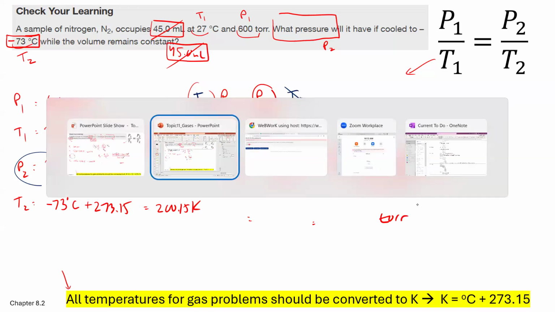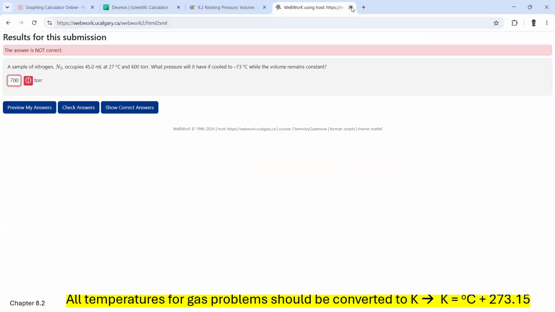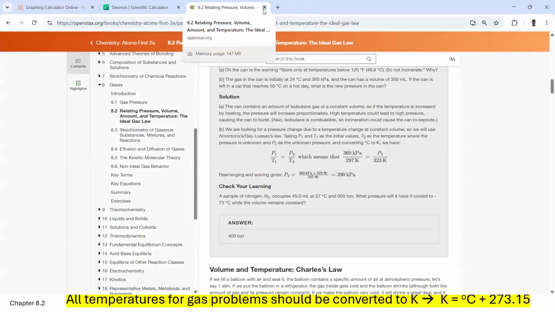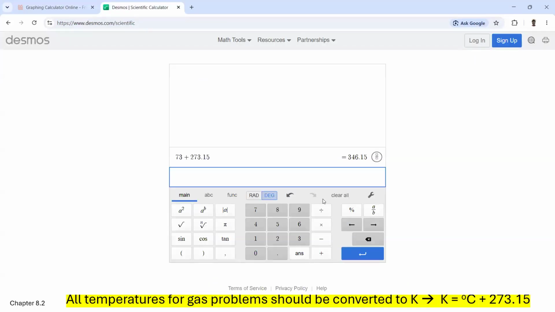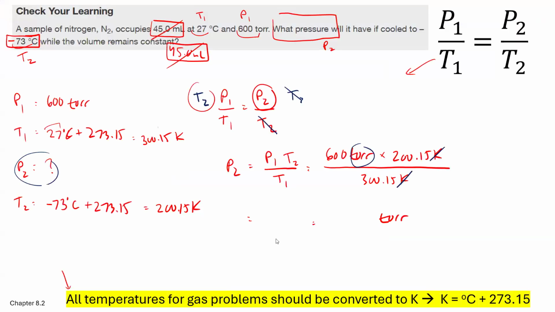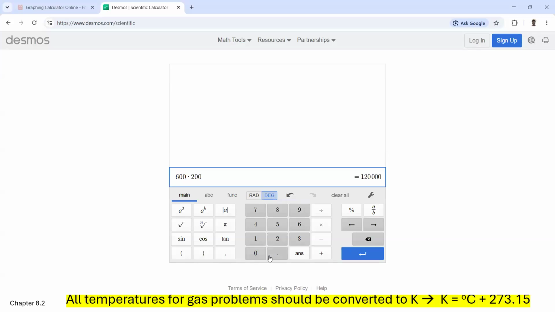600 times 200.15 divided by 300.15, and that's going to be 400 Kelvin.